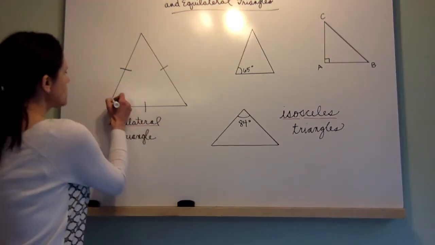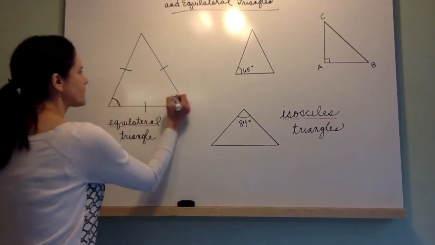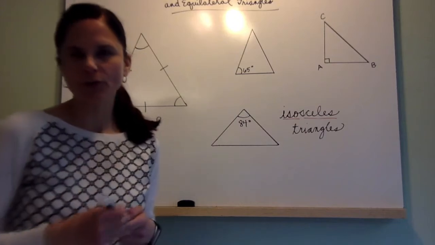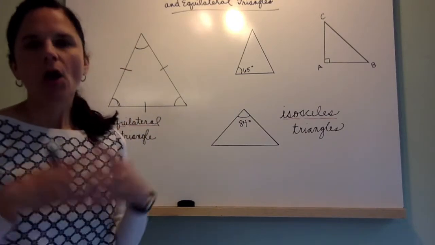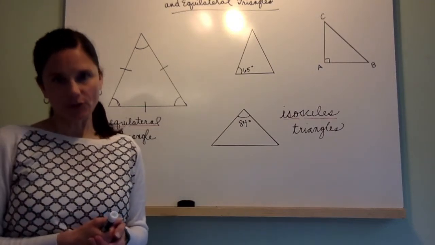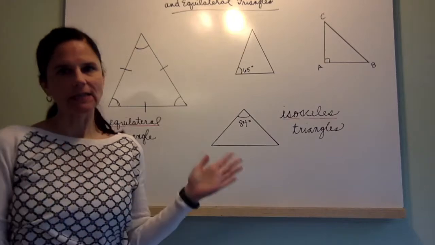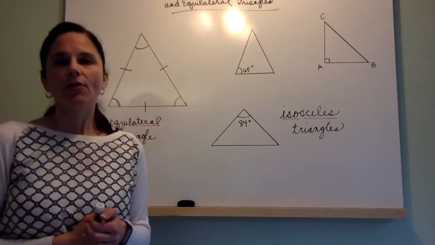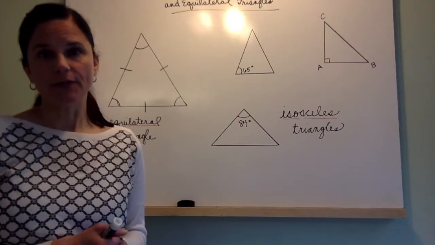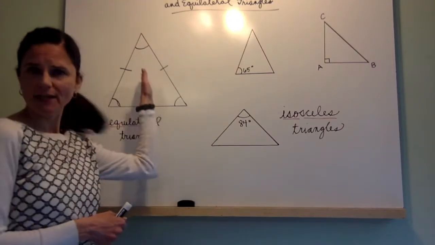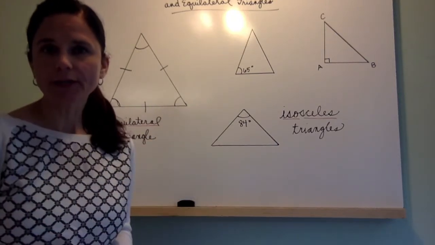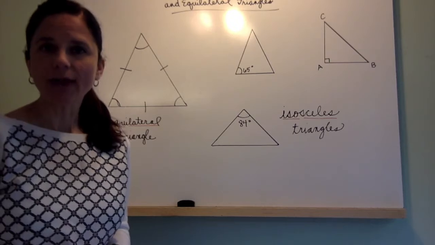So if we mark the 3 angles here, and we know that they're all equal, can we figure out what their measurements will always be? Well, let's go back to the property of angles in a triangle. We know that all the angles in a triangle, no matter what size, shape, the sum of all those angles is 180 degrees. So if I have 3 equal angles that all add up to 180 degrees, how many degrees would each angle be?